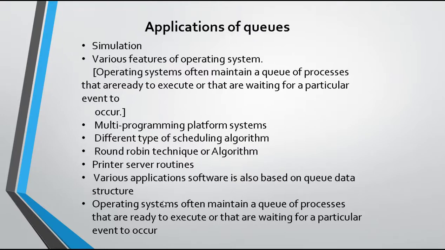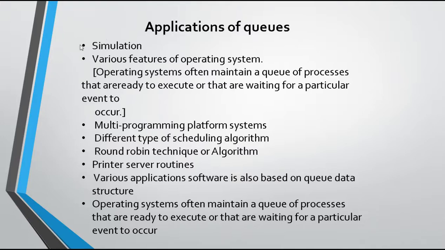In the same way, the operating system will have a queue of processes that will be ready to execute, one after another, or that will be waiting for a particular event to occur. As soon as that event occurs, the process will start executing. So these are the various applications of the queue.